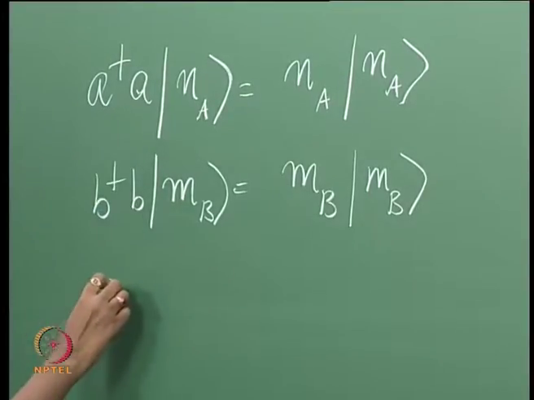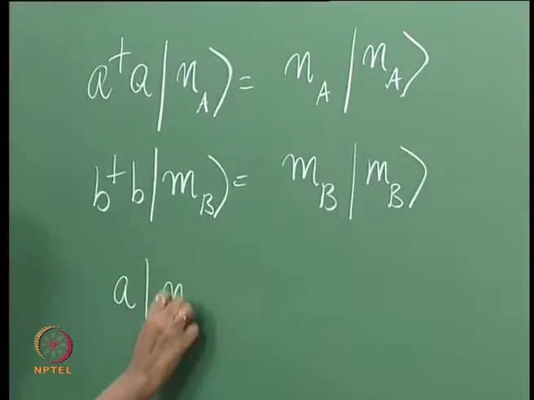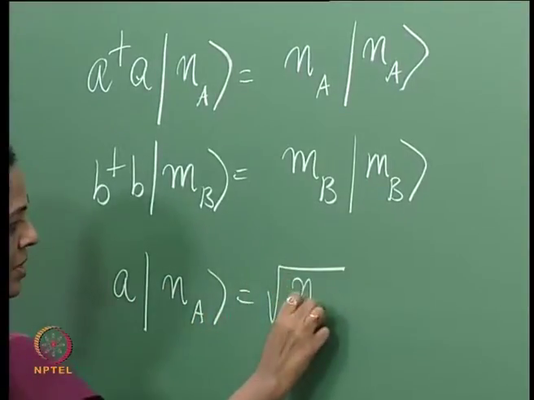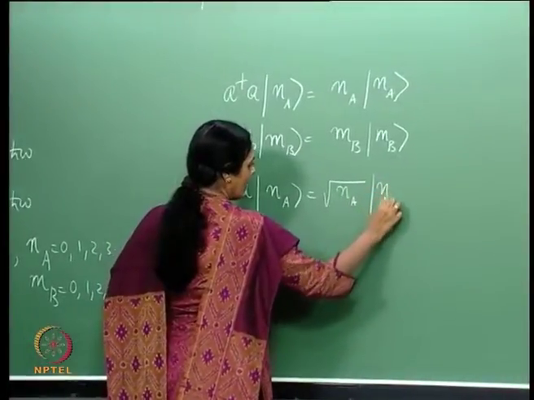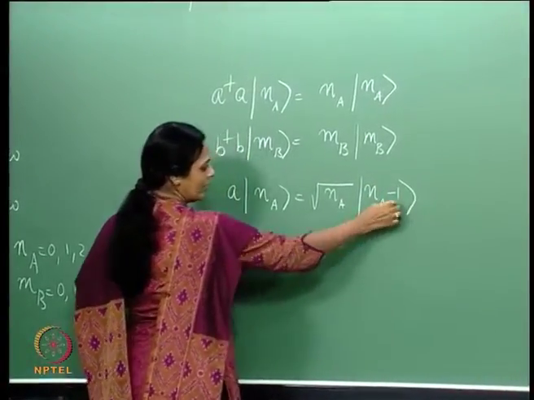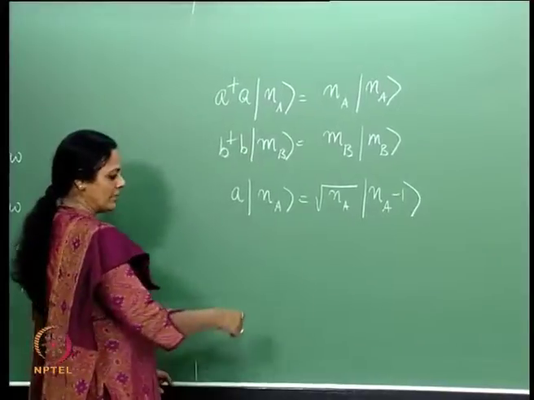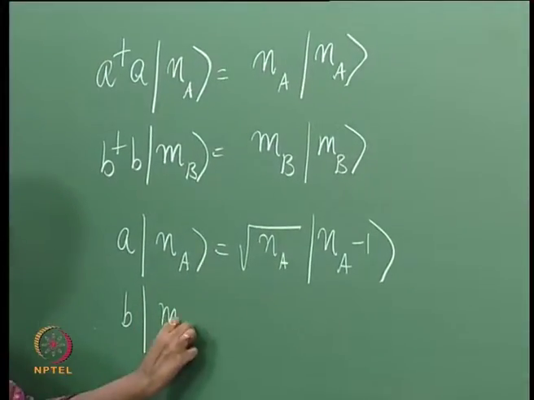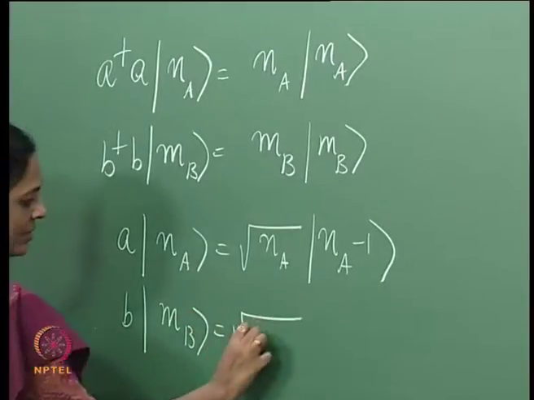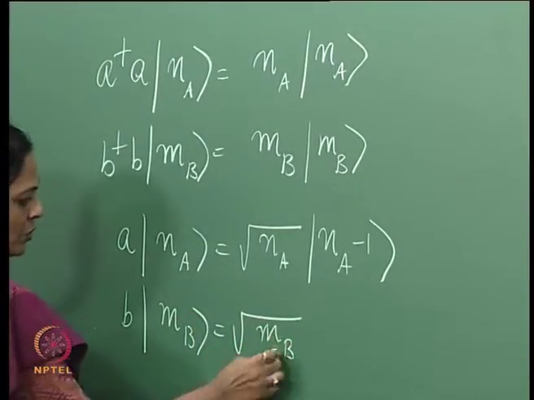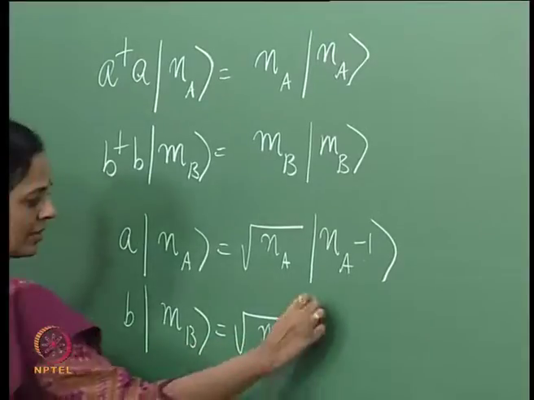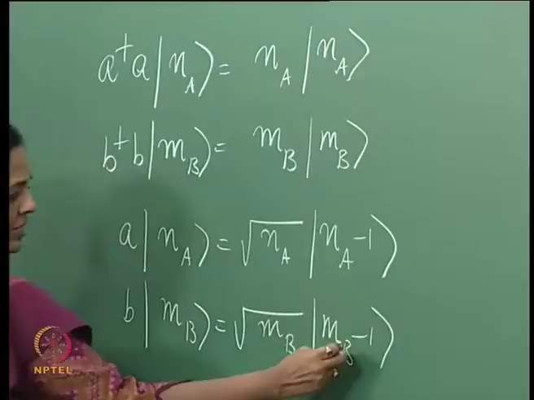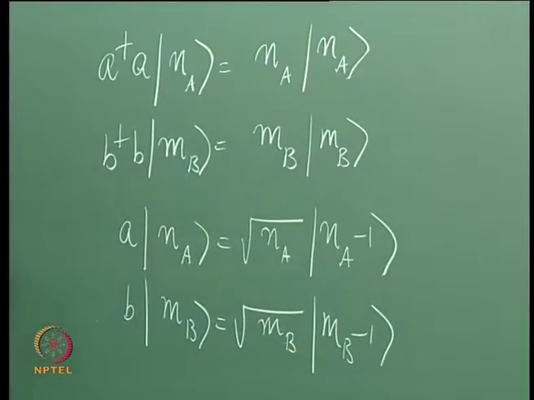The raising and lowering operators, you will recall, act in the following manner. The lowering operator a simply pulls out root n sub A and lowers the state label by 1, and I represent it in this manner. Similarly, b pulls out the label m sub B under the square root, and I have a lowered state m sub B minus 1.